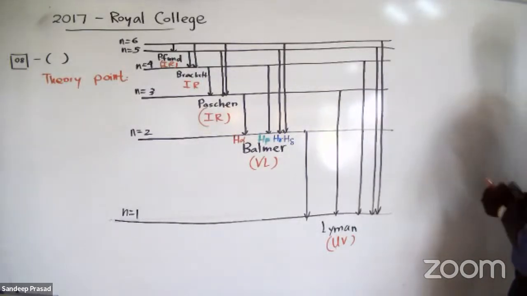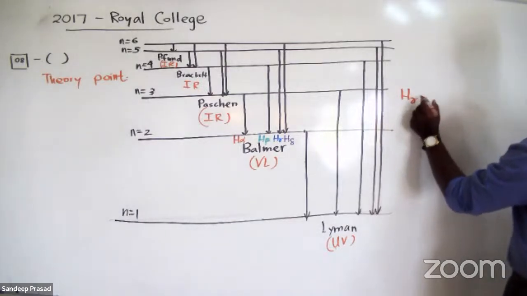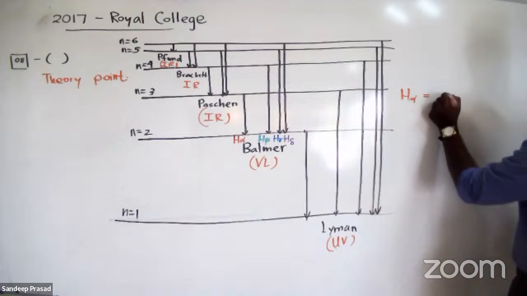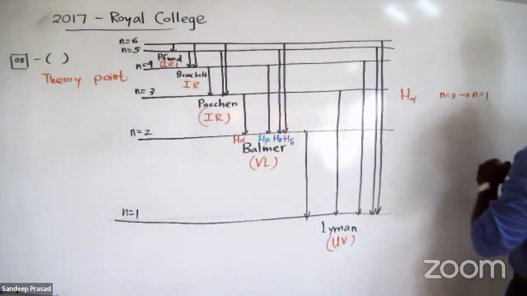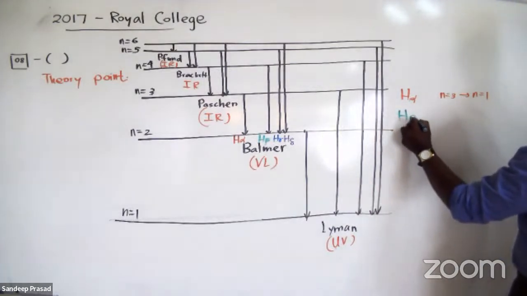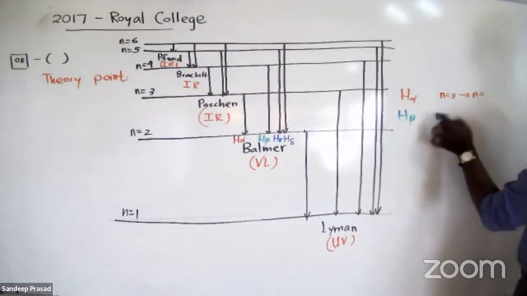So you can see that H alpha is corresponding to which electron transition? H alpha, red color one, is corresponding to n equal 3 to n equal 2. Next one is H beta. H beta corresponds to n equal 4 to n equal 2.